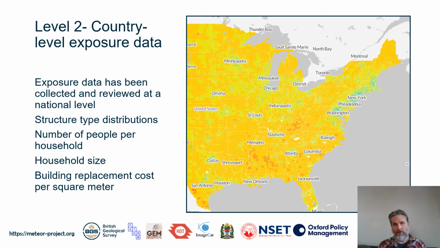Again, also household size. That's a tougher one. Not typically inventoried by census, but in countries where it is, that can be used and makes the data quite a bit more accurate.